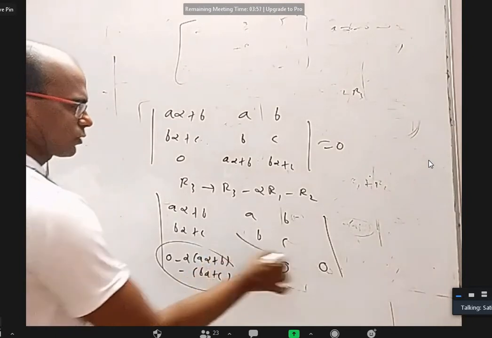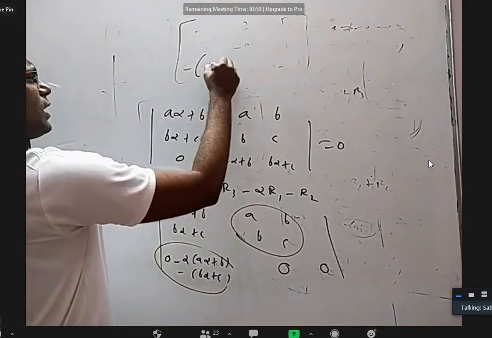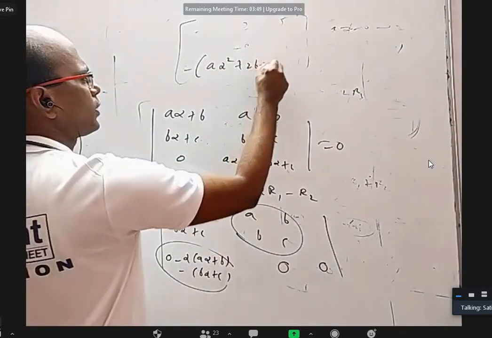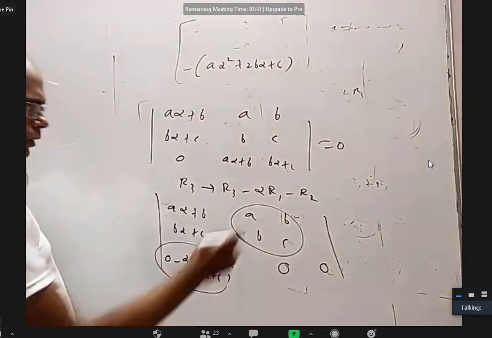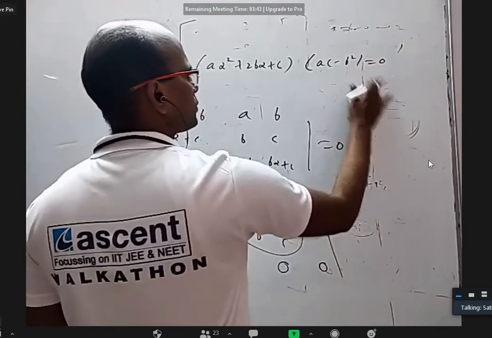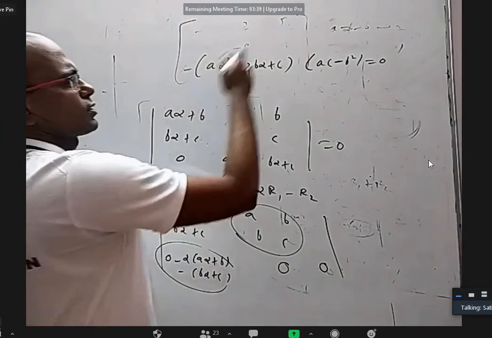So directly this into this is the expansion of the determinant. It is minus of A alpha square plus 2B alpha plus C, and this is AC minus B square, equal to 0. Either this is 0 or this is 0.